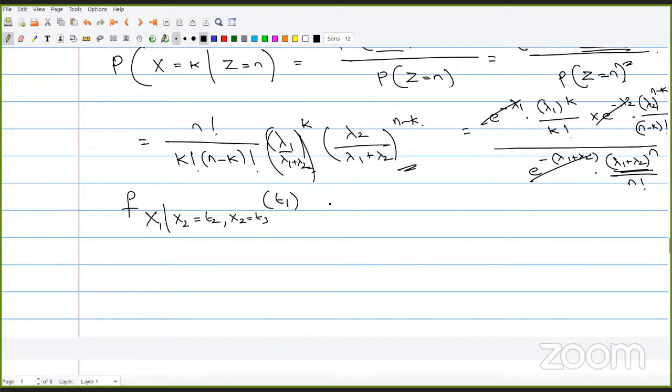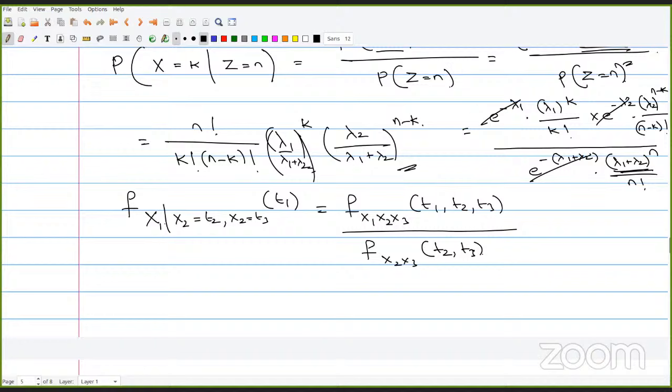So the formula comes out that f of x1, x2, x3 at t1, t2, t3 divided by f of x2, x3 at t2, t3, right?